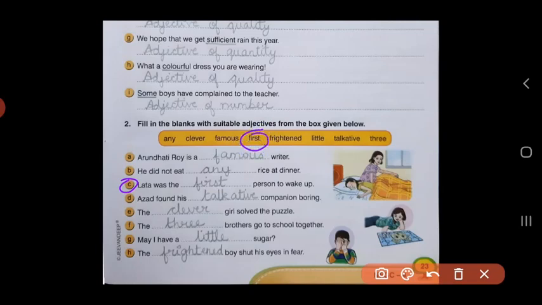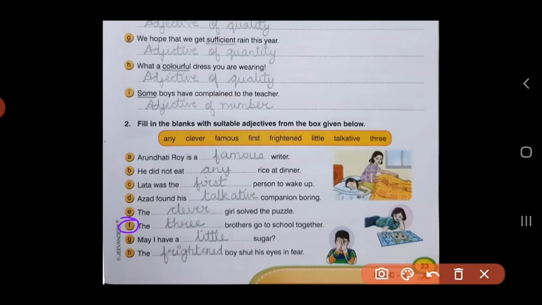So, first person to wake up. D. Azad found his dash companion boring. What kind of companion? Talkative companion. E. The dash girl solved the puzzle. What kind of girl? Clever.